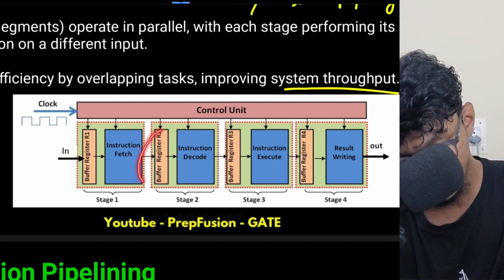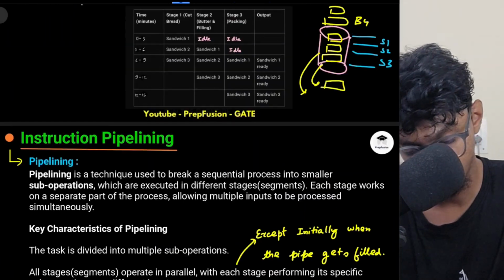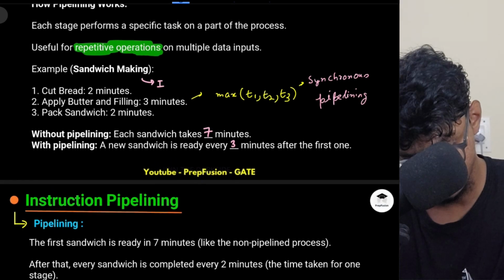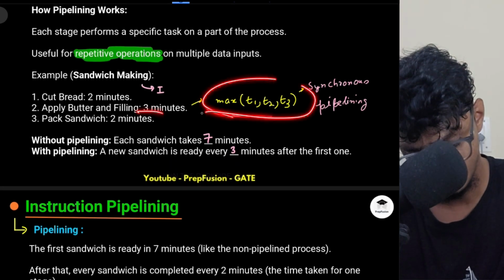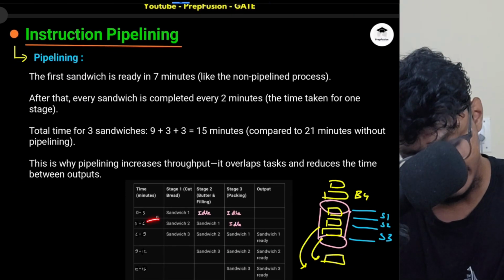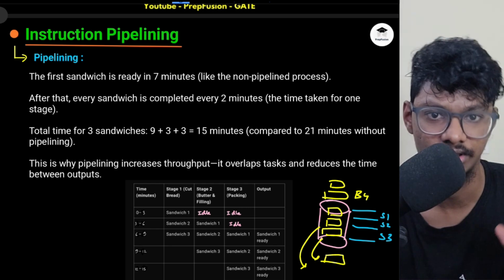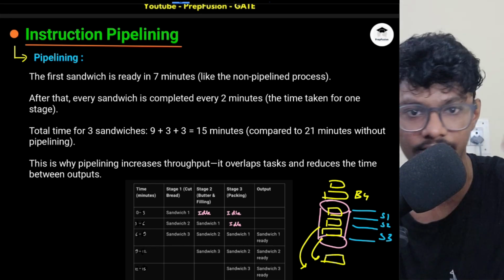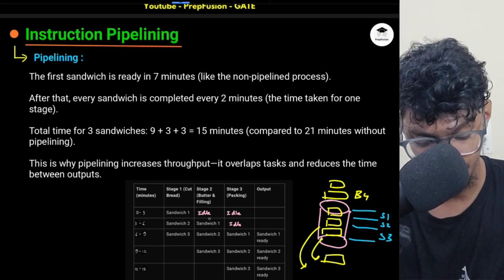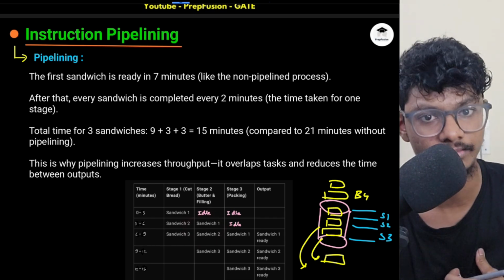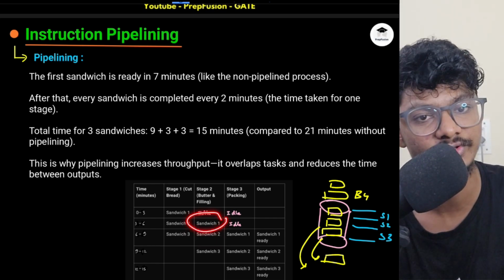What we do is keep it at a buffer register. Why? Because person A has finished his task. He will say, I have finished my task, I want to send. But person B won't allow him to, because he hasn't finished the filling of sandwich 1 yet.